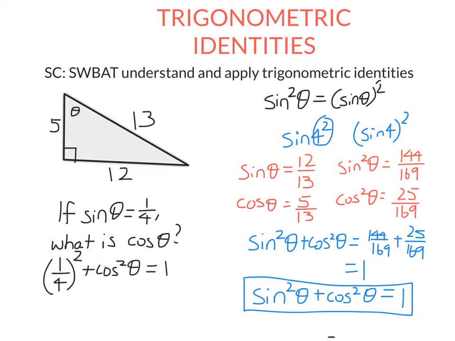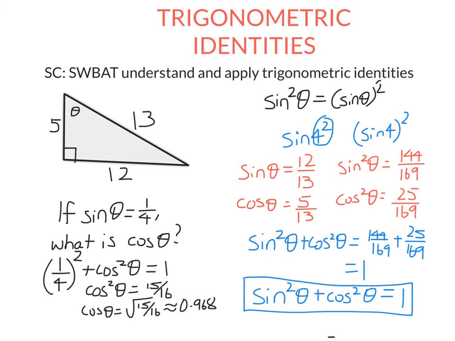I can just subtract 1 over 16 from both sides. So I get cos squared theta is 1 minus 1 over 16. And then cos theta is just going to be the square root of 15 over 16. If I put that on my calculator, the square root of 15 over 16 is about 0.968, to 3 decimal places.